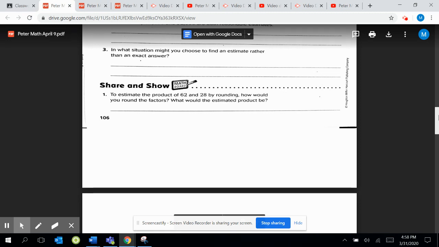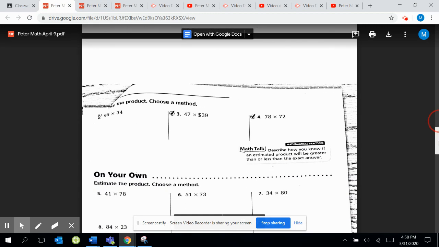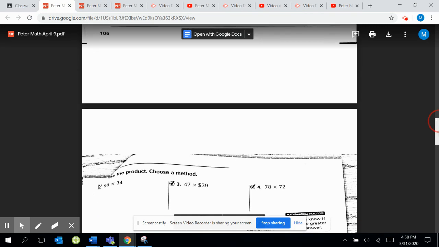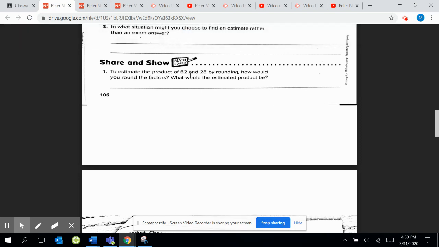All right. Let's see here. Oh, number 1. To estimate the product of 62 and 28 by rounding, how would you round the factors? What would the estimate be? Okay, so 62 would become, I gave it away, didn't I?